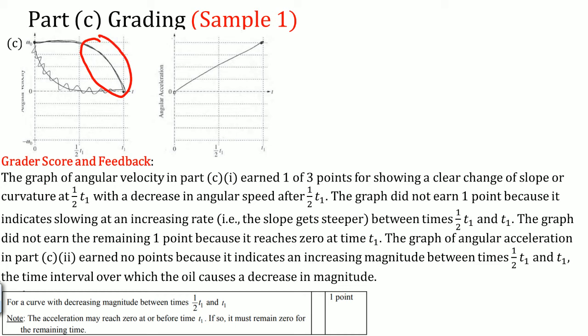That's the change part they got the point from, even though this graph is completely wrong. The graph did not earn anything else. The graph of the angular acceleration earns no points because it indicates an increasing magnitude between 1/2 and 1/10. So it only earns 1 point here.